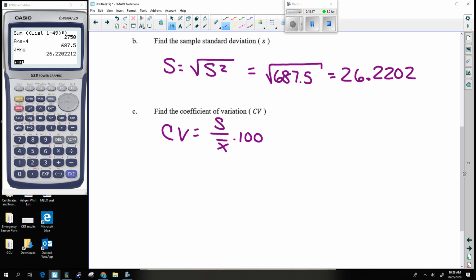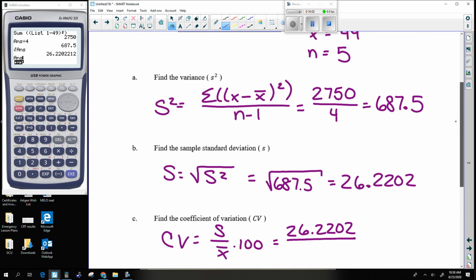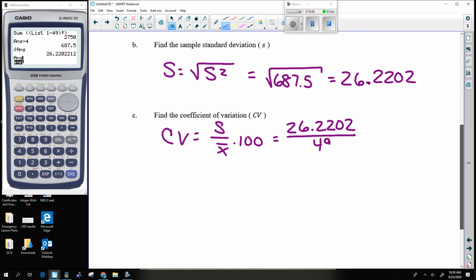And then the coefficient, which is S, which is my answer. Okay, so my answer, I'm not actually typing that in, answer divided by X bar times 100.